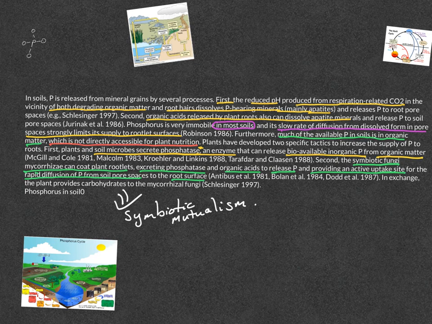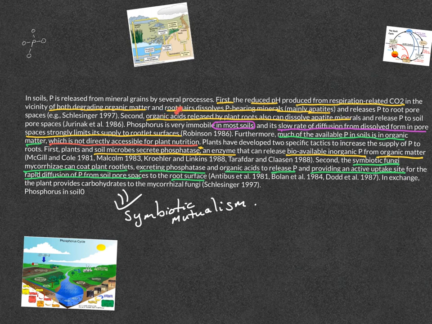So decomposers release the phosphate and organic matter, and then the plant root hairs, which we've seen before with the nodules in the nitrogen cycle, the nodules formed by bacteria can help bring nitrogen into the roots, or fix nitrogen for the plant.